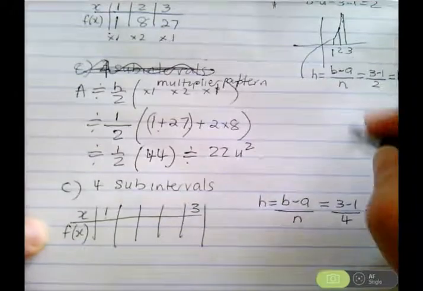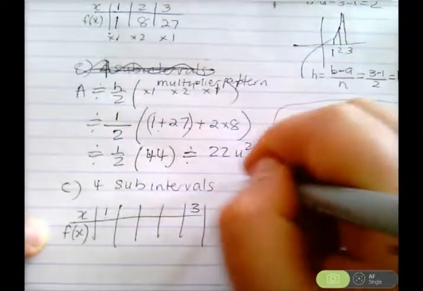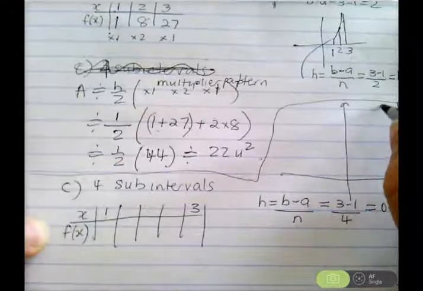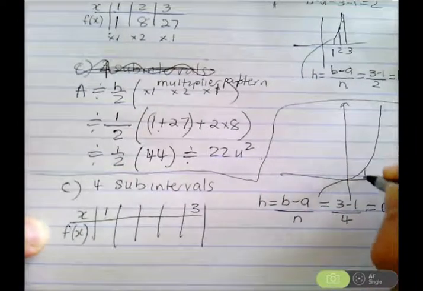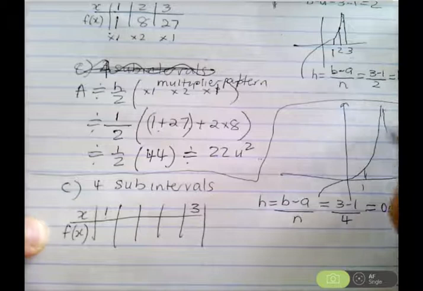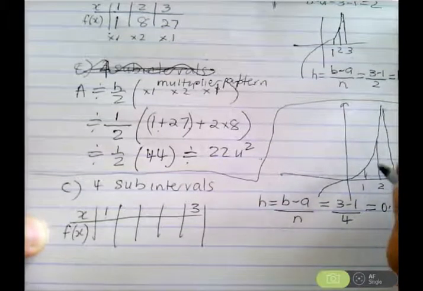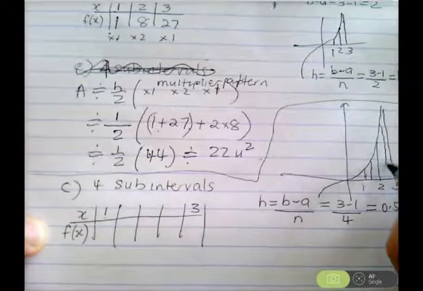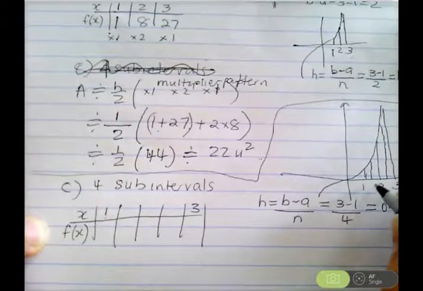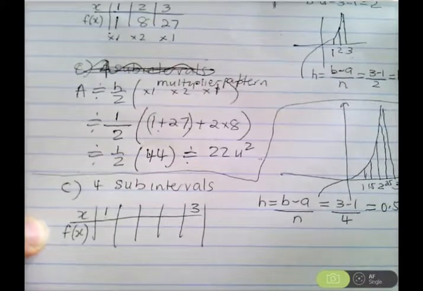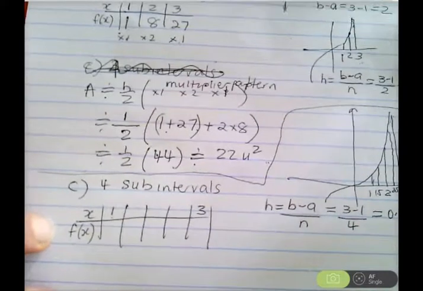If I decide to do 4 subintervals, I'm going to do from 1 to 3, but I want 4 spaces. If I want 4 trapezia, each one is going to be half a unit wide, because 3 minus 1 divided by 4.